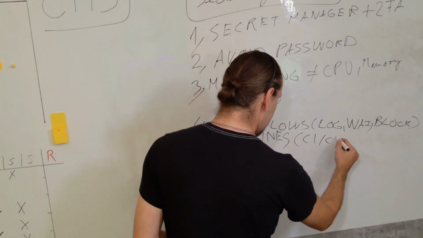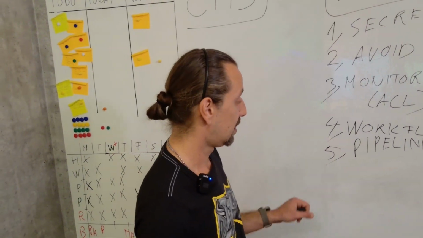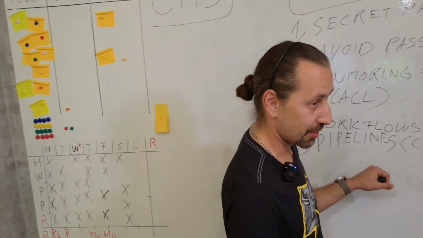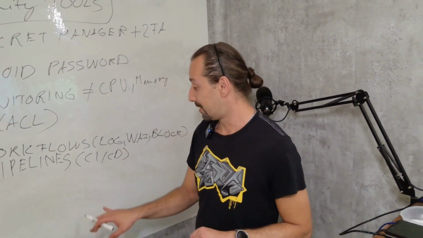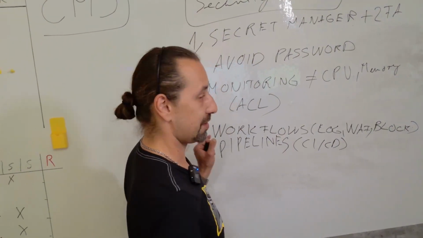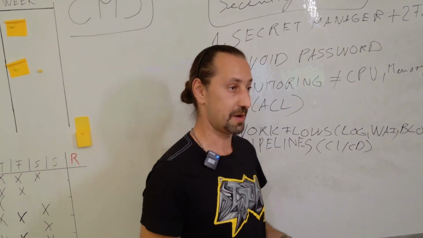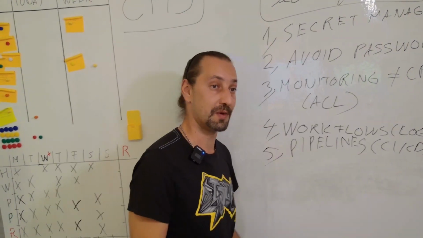Continuous integration, continuous development pipelines. This is the number one place where you can start actually protecting your infrastructure. If you have a great solid pipeline, then many of the security issues that may occur can be solved with a great pipeline.